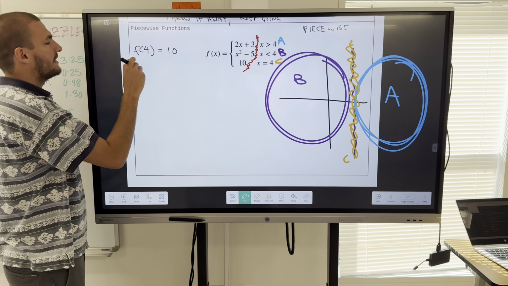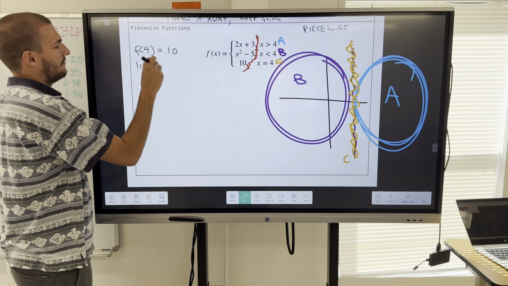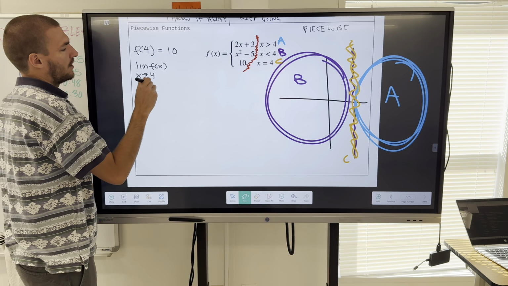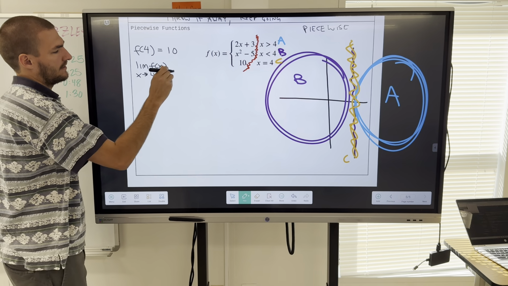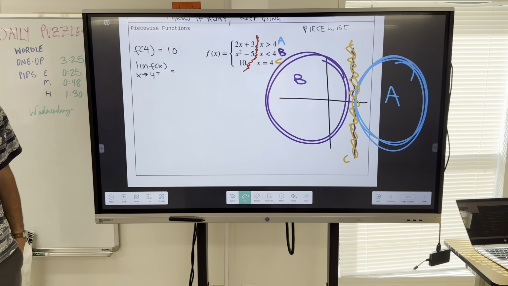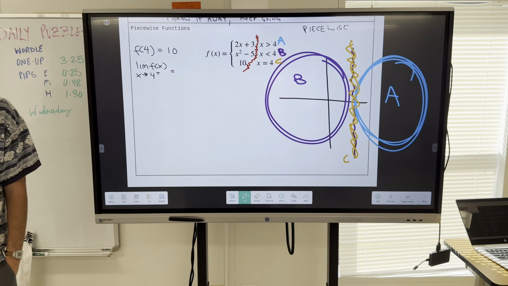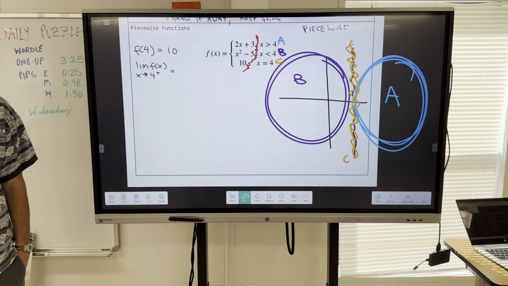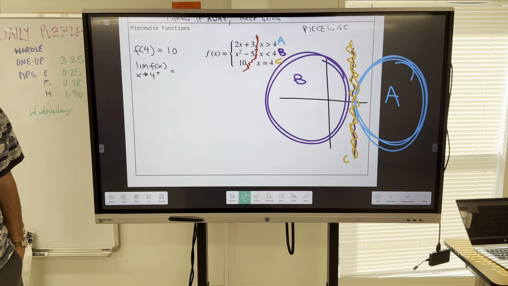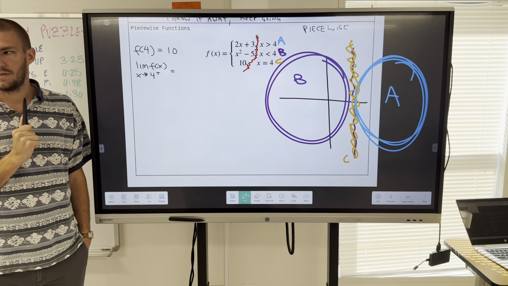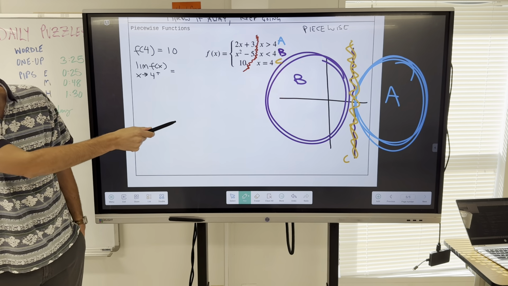Okay. What is the limit of f of x as x approaches 4 from the positive side? Basically, we're just having this little game in our head. Where is the 4 supposed to go? Are we supposed to be plugging 4 into A or B or C? For this question, coming from the positive side, which one is that?